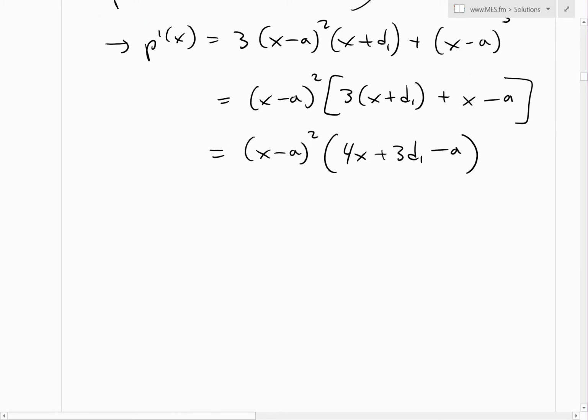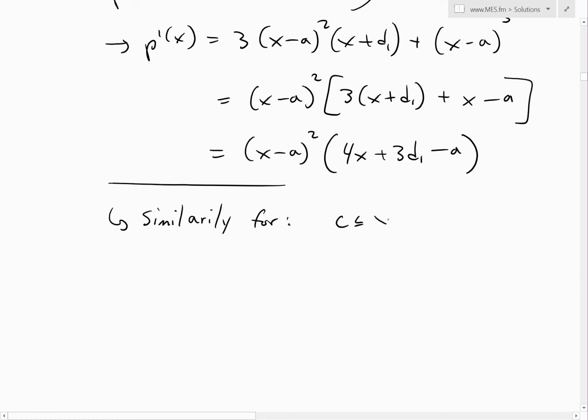And now I'm not going to reinvent the wheel, and I'll just put down similarly, because it's going to be the exact same thing, for when you're dealing with the second part, for c less than x less than b. Right here we get the exact same thing. Derivative is going to be equal to x minus b now.